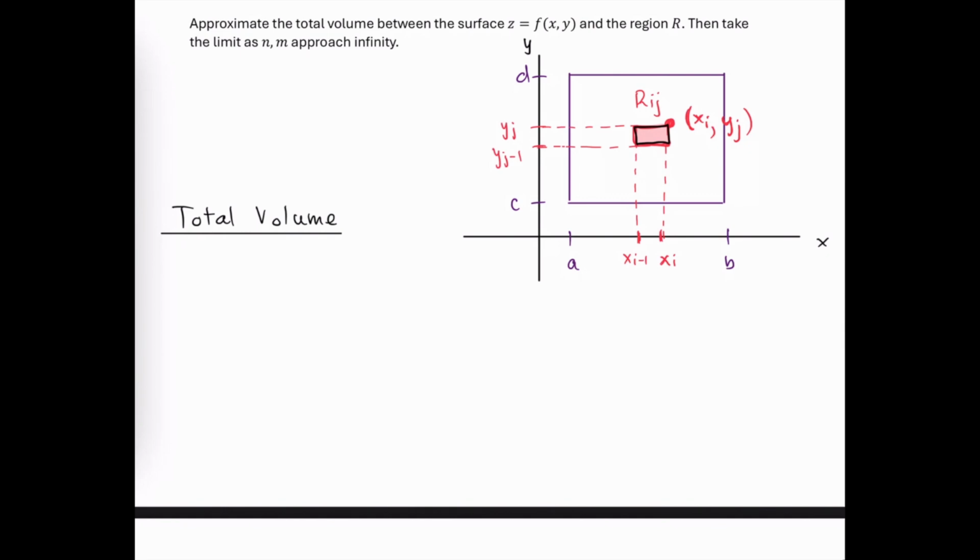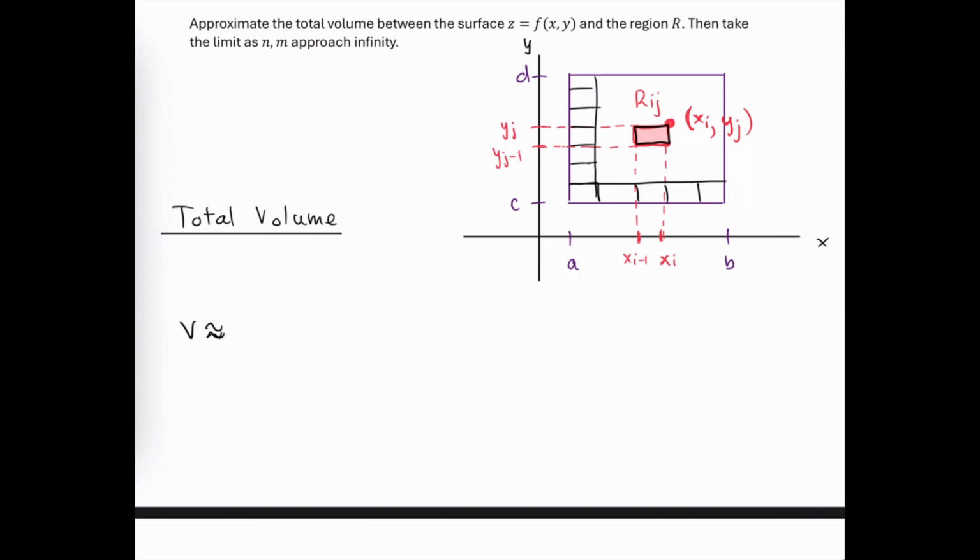So in order to approximate the total volume, we're basically going to add up many of these rectangular solids, starting with essentially the one in the corner. We're basically going to split this up into those n subintervals and split this up into those m subintervals in the direction of x and in the direction of y.